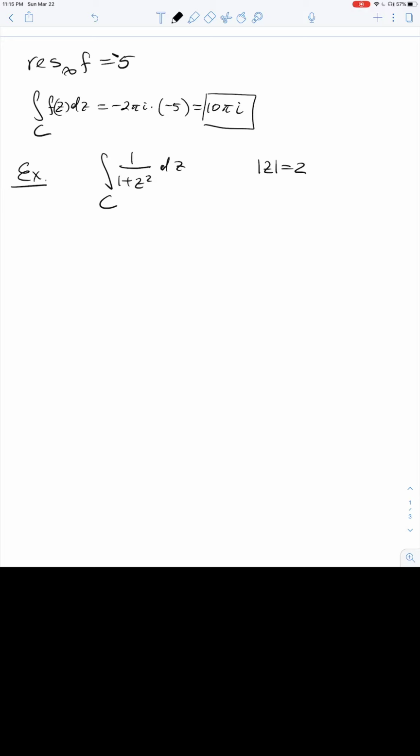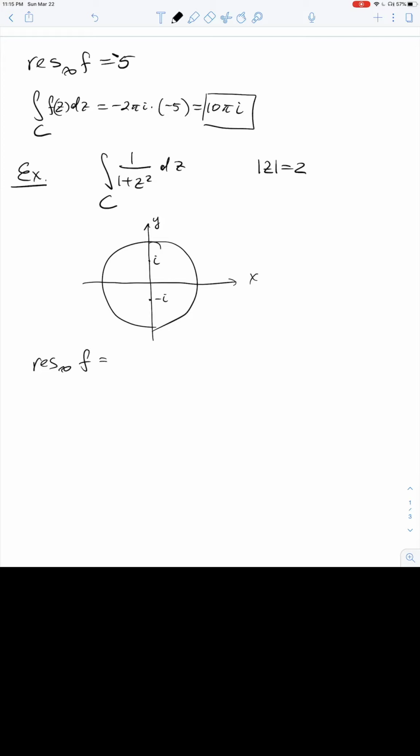And we notice that this circle has two problematic points, i and minus i. Now we have two choices, either to compute the residues at i and minus i, or to compute the residue at infinity. And I claim that the residue at infinity is way easier. So let's do the residue at infinity.